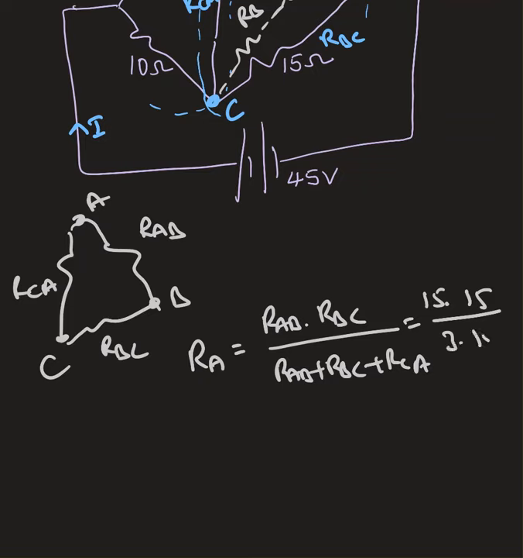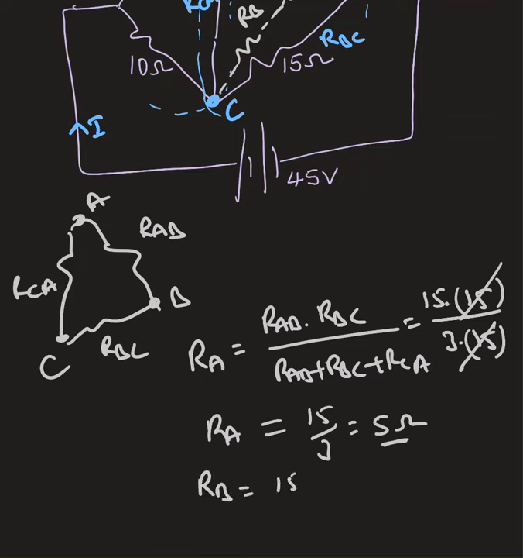So 3 times 15. Okay, what happens? 15 gets cancelled out. So RA equals 15 divided by 3, which is 5 ohm. So every branch is the same. RB equals 15 divided by 3, which is 5 ohms. RC equals 15 divided by 3, which is 5 ohm.